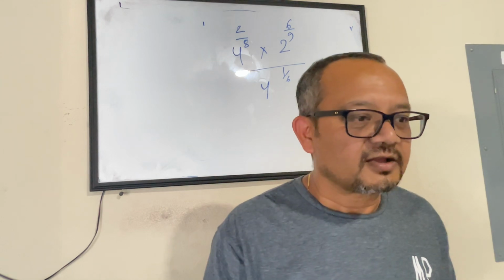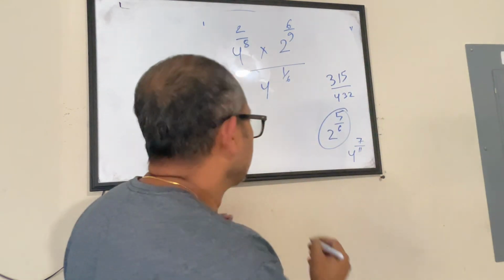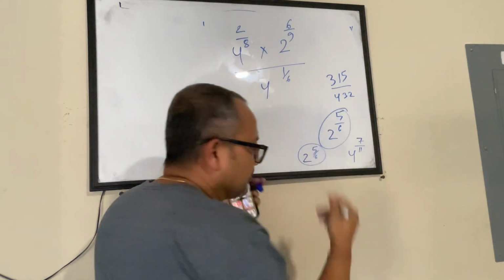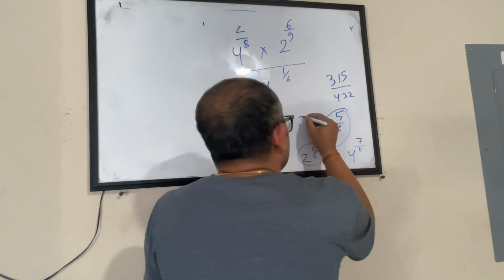I got 2 to the power of 5 by 6. Okay. So one extra vote for 2 to the power 5 by 6. Let's see what Myra got. I got 2 to the power 5 by 6. Okay. What did Arav get? I got 2 to the power 11 by 18.